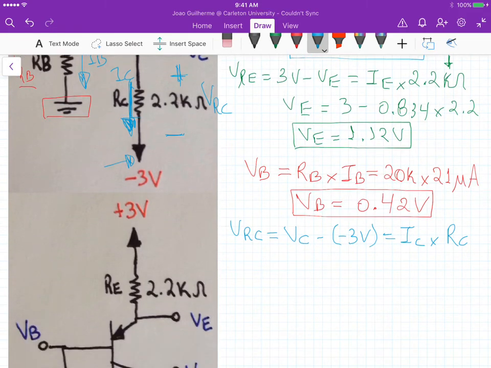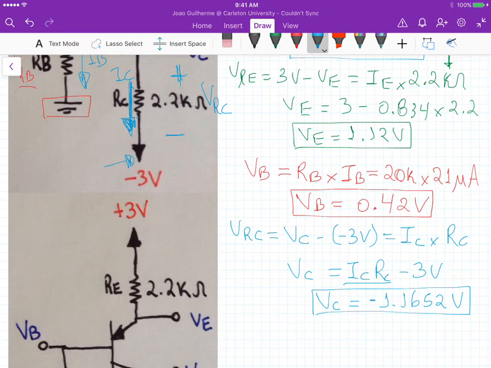So if we isolate VC, we get IC RC minus 3 volts. And if we substitute the values of IC and RC here, we get VC equal to minus 1.1652 volts.